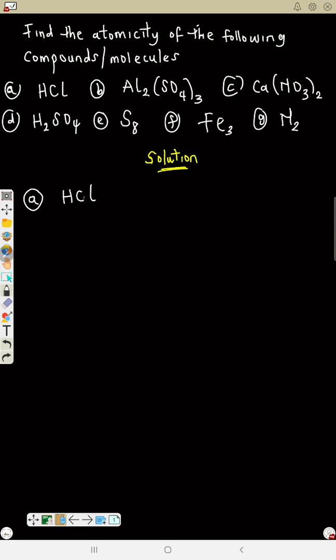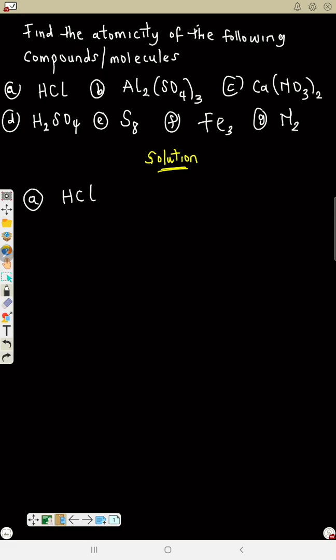Now for the first one, HCl, that is hydrochloric acid. To find the atomicity of this compound, how many hydrogen can you see here? Remember, we said the number you see below, as in a subscript of any element, is atomicity. That means the number of atoms present in a molecule of an element.